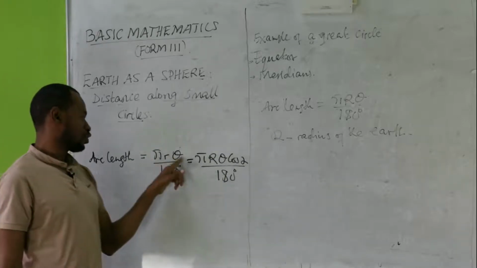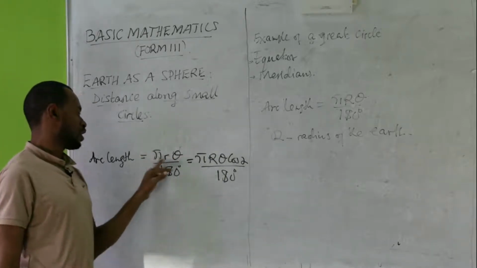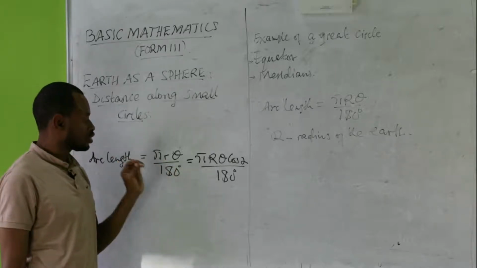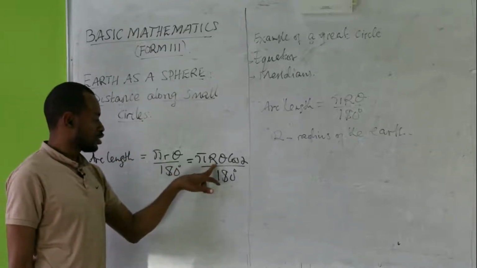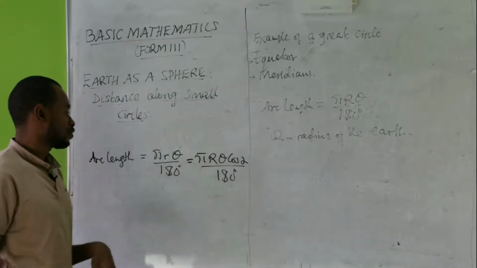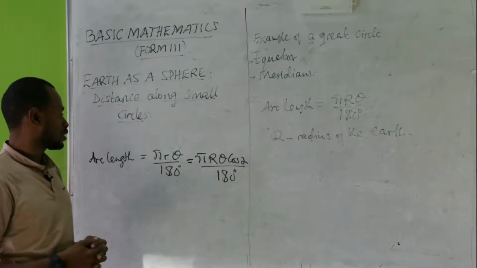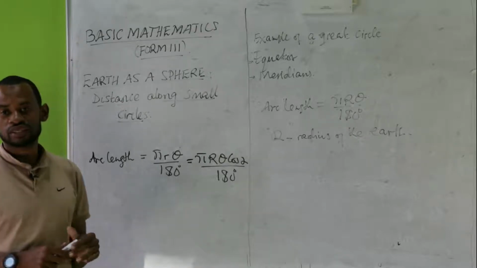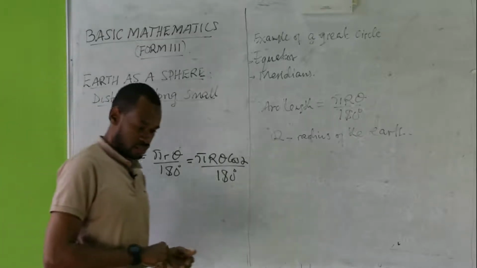So if we know theta, if we know the radius of the small circle, we just go direct. But if we don't know it, we can also use the radius of the great circle, which is equal to the radius of the Earth.